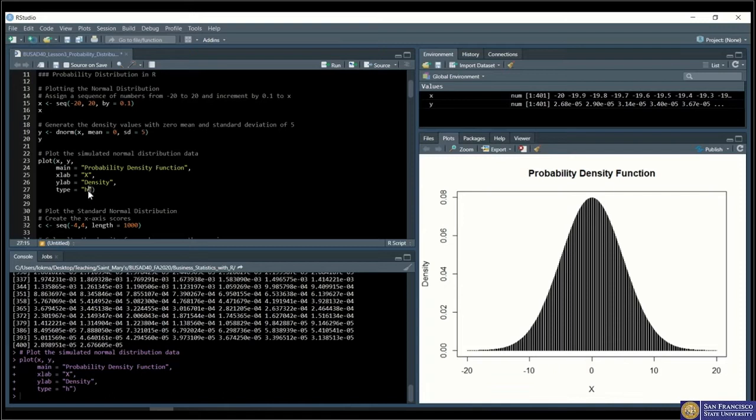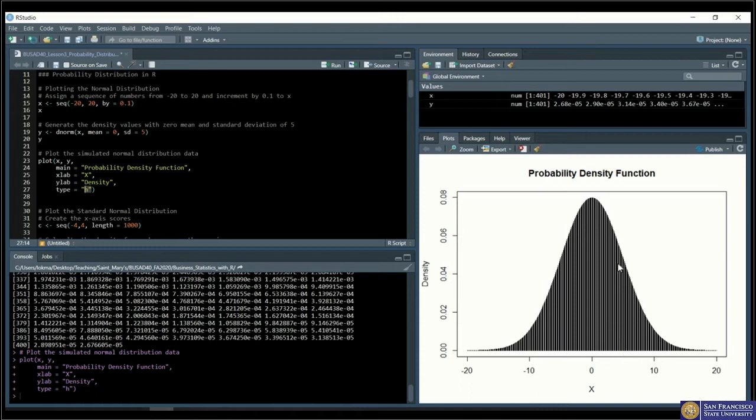As you can see, we are plotting a graph right here. You see the intervals from -20 to 20, with tiny intervals of 0.1, and it rises up to a certain density value. Everything is centered at 0 because we defined our distribution to have a 0 mean, and one standard deviation away from the center takes a value of 5, which is around this point.